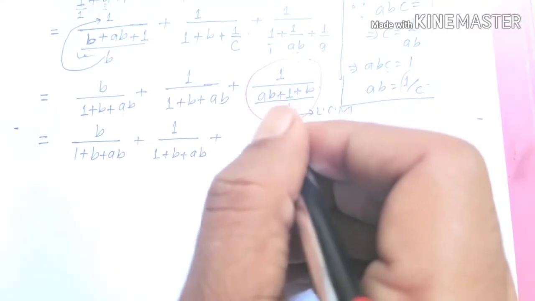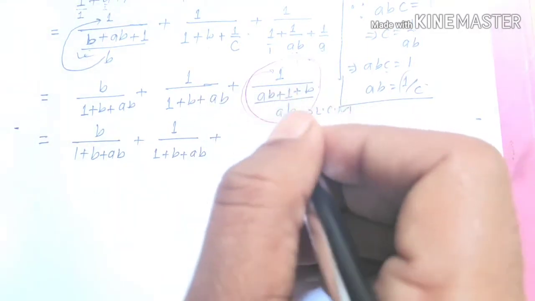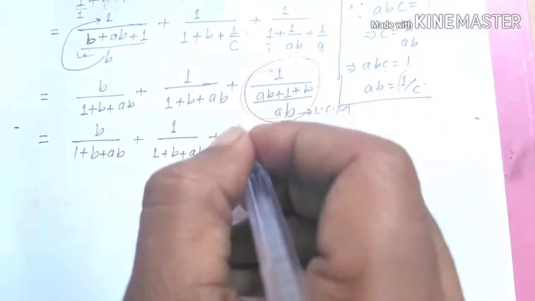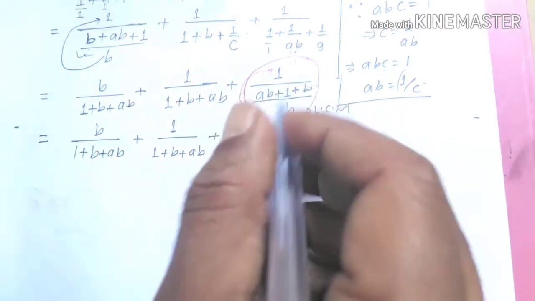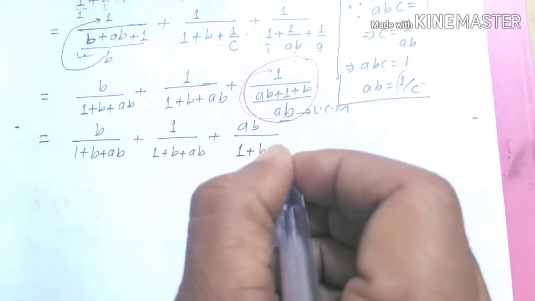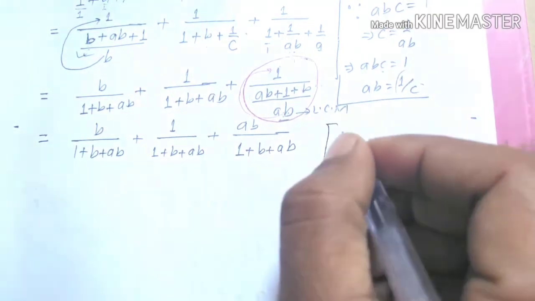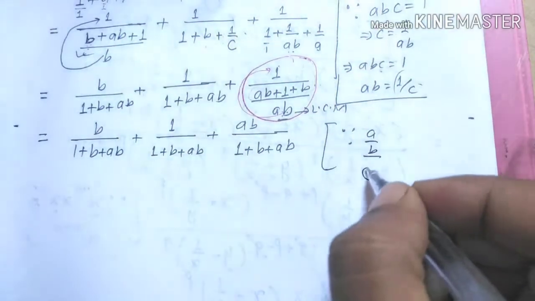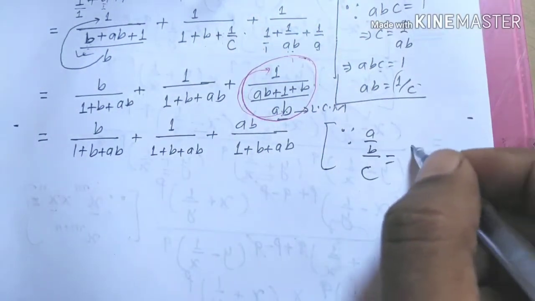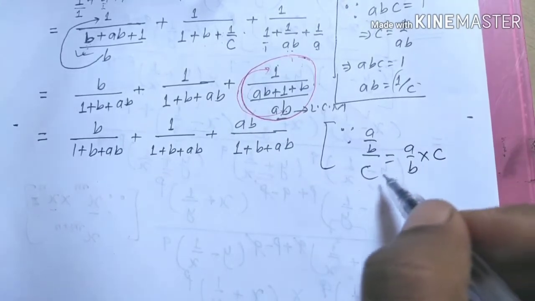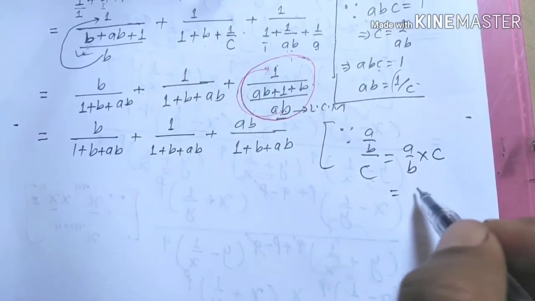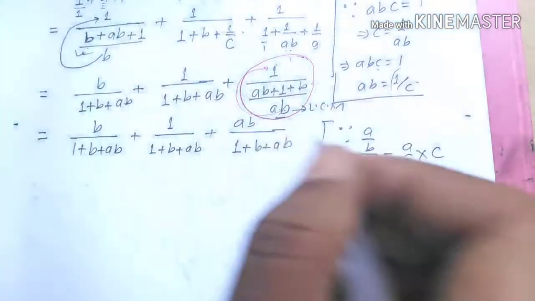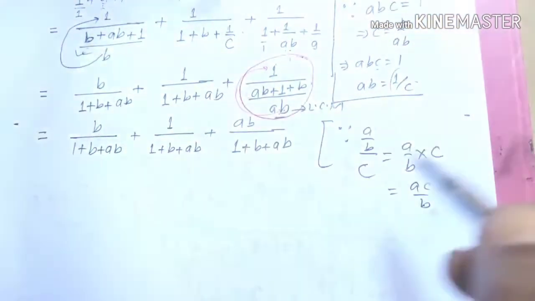This AB will go upside, so AB ones are AB, and the remaining term is 1 plus B plus AB. It is because suppose A by B by C is a term. In this case we can write A by B times C, that means C multiplies with A. This implies A C over B. Hence by this rule, this term is written here.